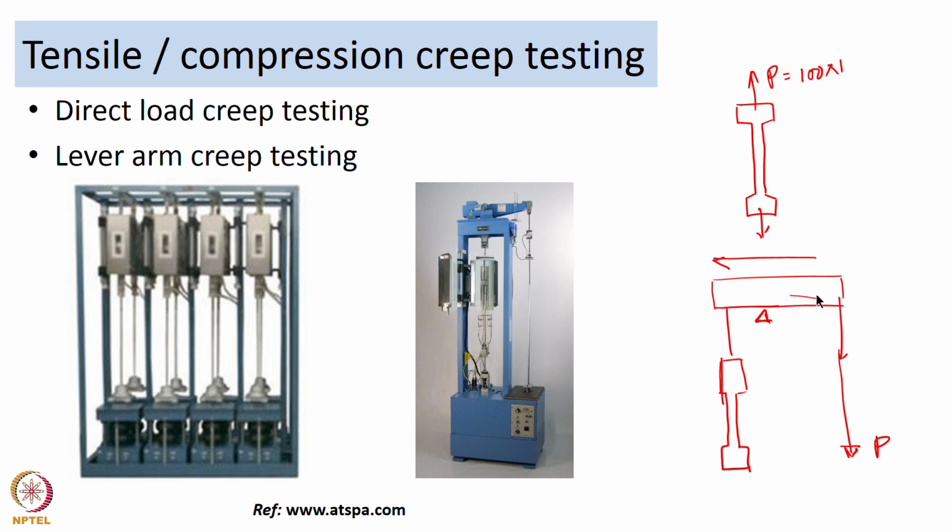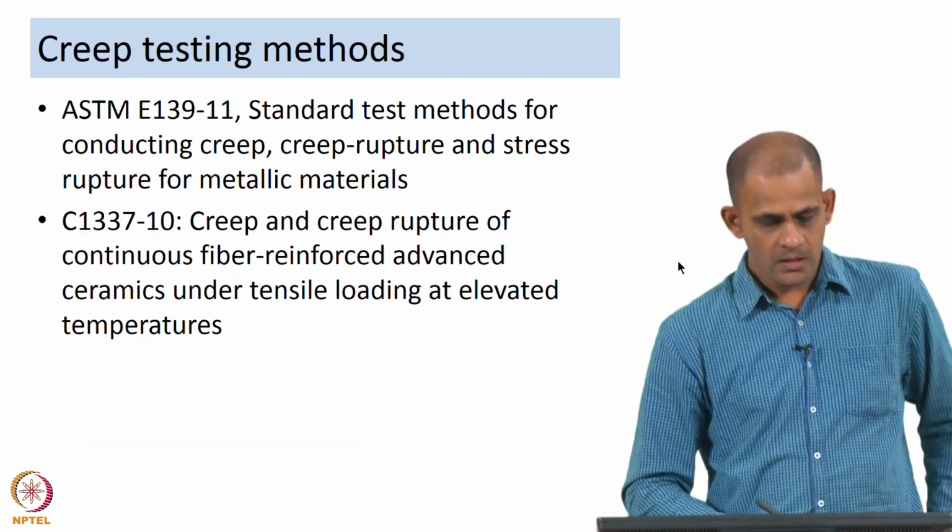You have a moment acting on the right arm of the lever, and a moment acting on the left side of the fulcrum, and based on balancing of moments, the applied load is amplified and transmitted to the sample. So, these are the two approaches that have been developed: the direct load creep testing method and the lever arm creep testing method.